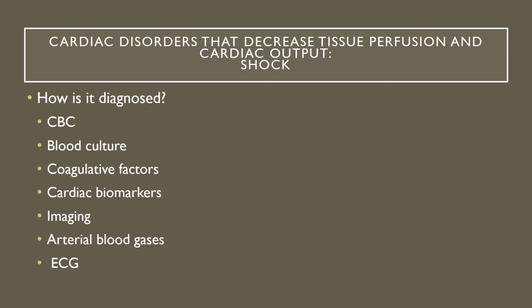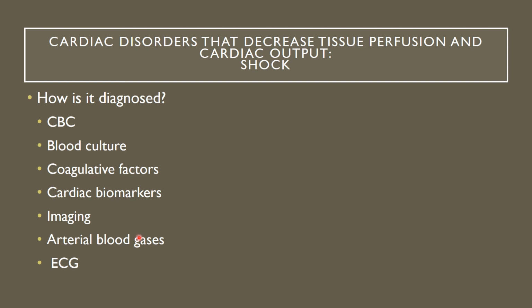We can see coagulative factors increase, right? And so remember that was one of the disorders, right? It's thrombi formation, because now the blood is becoming stagnant, it's stopping. Cardiac biomarkers, so troponin, other cardiac biomarkers that we're looking for cardiac damage or cardiac death. Okay.